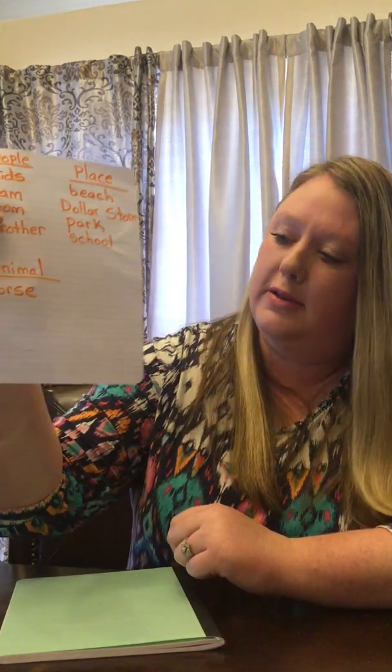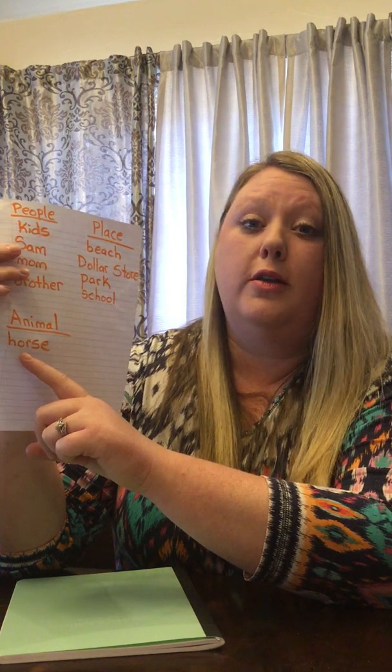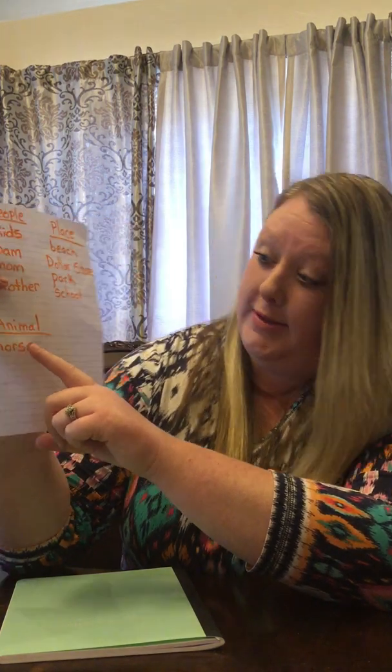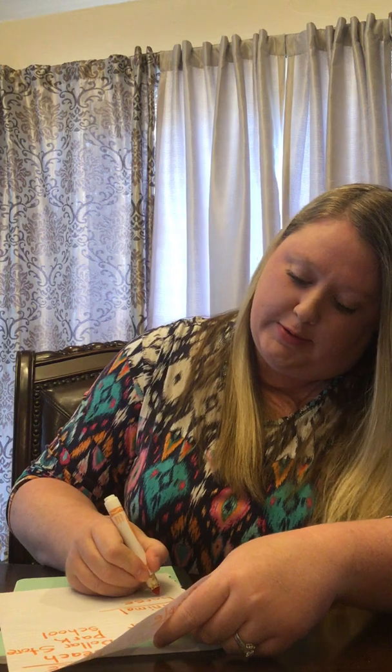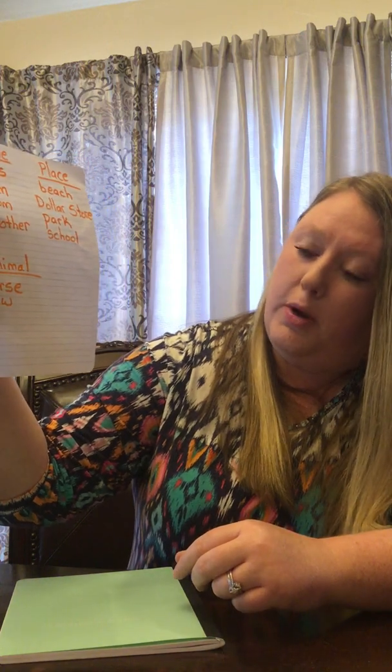Since I live in the country, I can see lots of horses around. Ooh, another animal that I see across the road all the time are cows. My neighbor has cows. So cow would be a noun. Then another one might be a cat. I have a cat. She's hiding, but she's somewhere around the house.